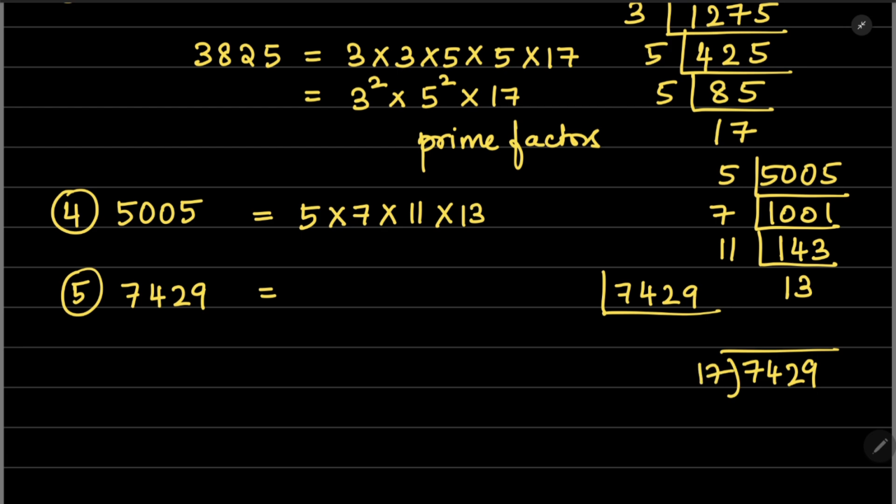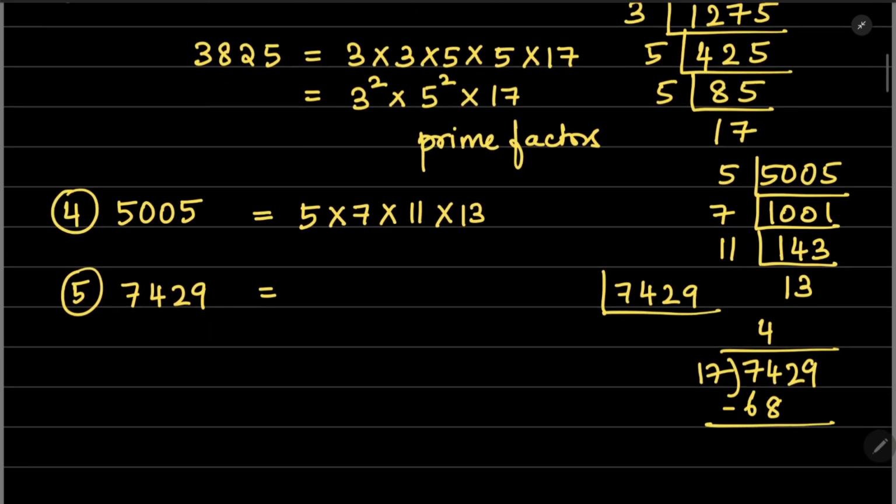Let's quickly divide it. You can also do it along with me. 7429 divided by 17. So you have 4. 7 4s are 28, 8, 2, 68, right? Here you will have 68. Subtract.